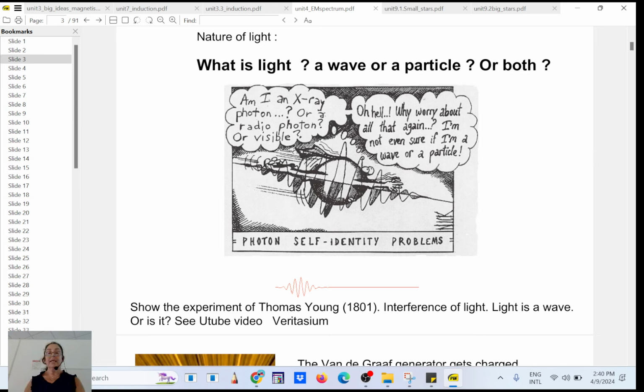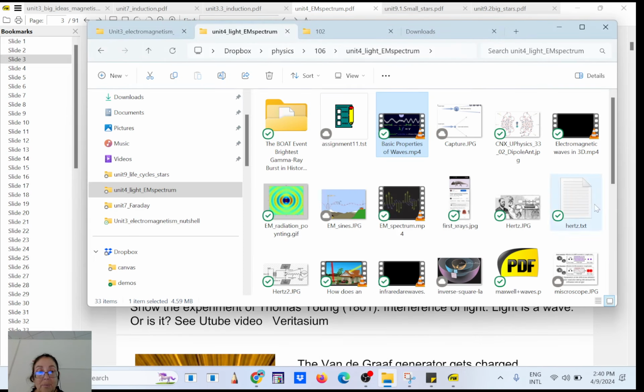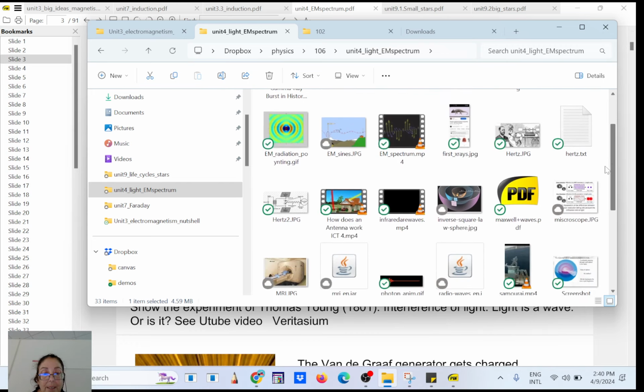So anyway, in 1801, there was this very famous experiment done by Thomas Young showing that light behaves like a wave. It's called the double slit experiment, and it's definitely on the MCAT.